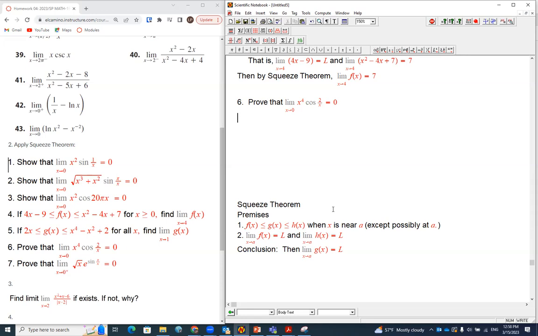We need to create a squeezed situation where only near 0, except possibly at 0.